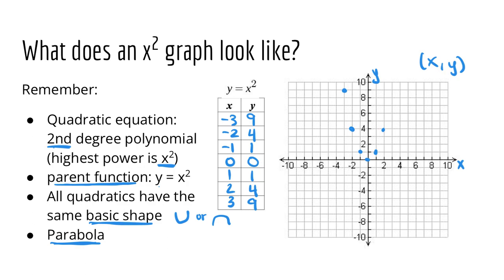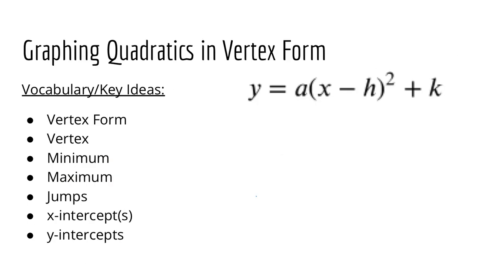And 3, 9. One thing, when you're drawing this graph, it is always going to be a smooth U-shaped curve. Never make it like a V down there. You want to go through all the points and your graph should look like this.